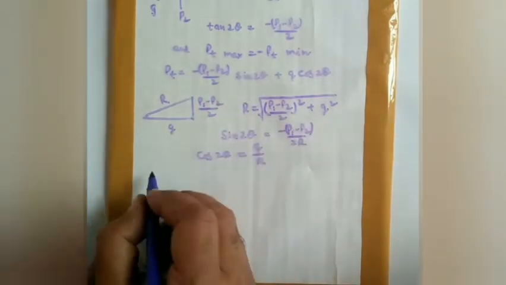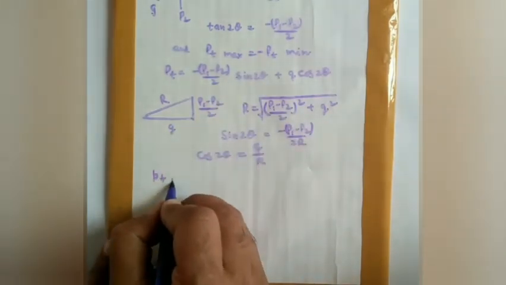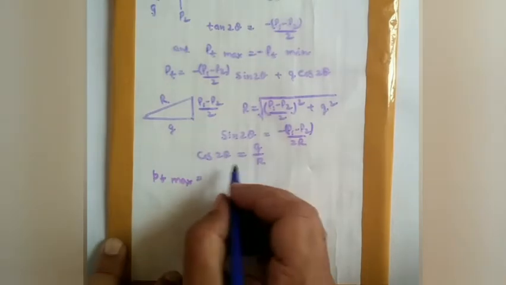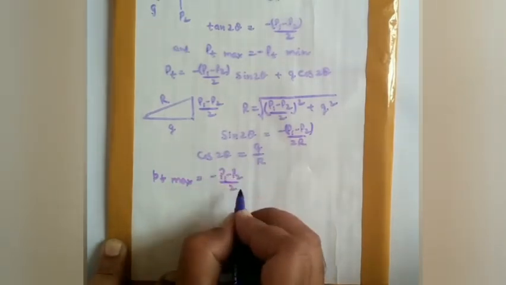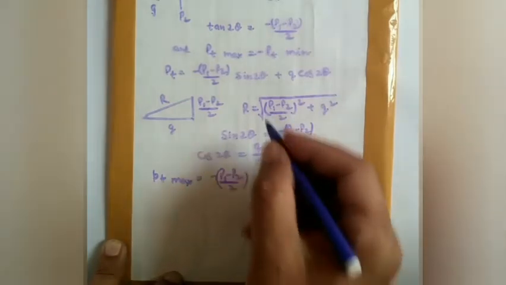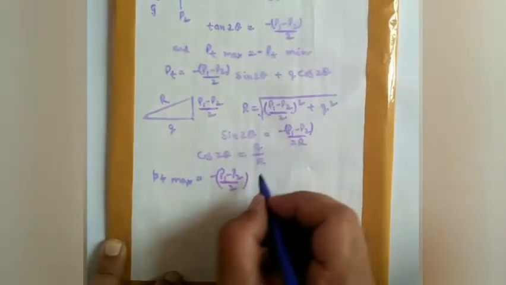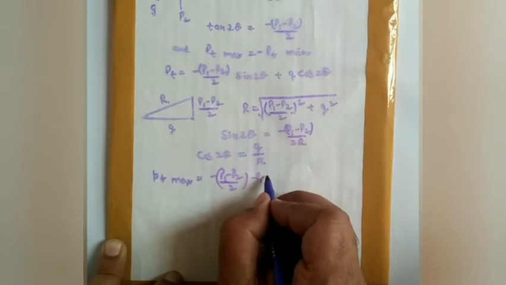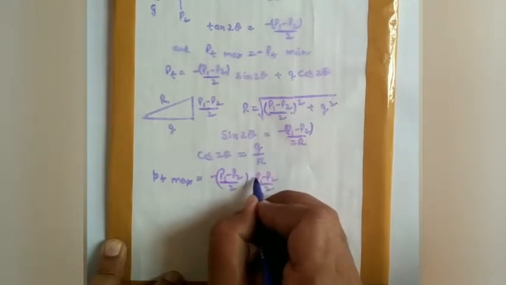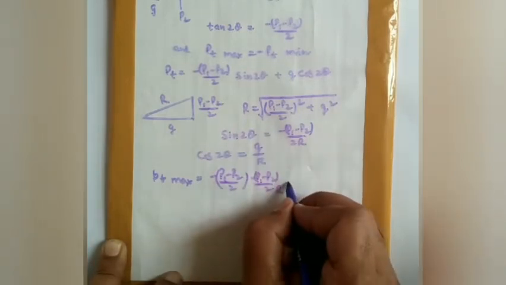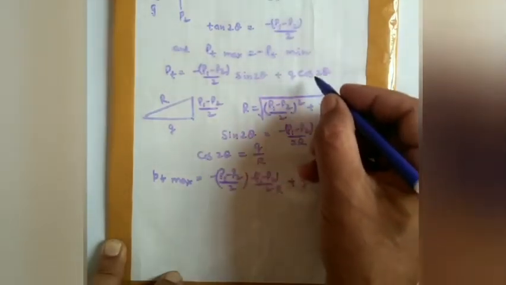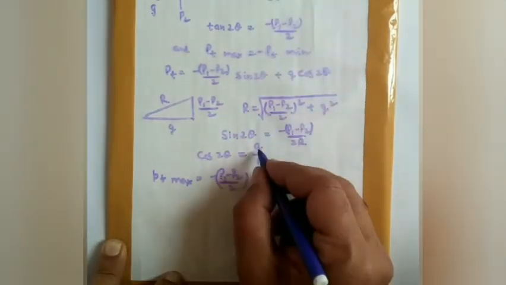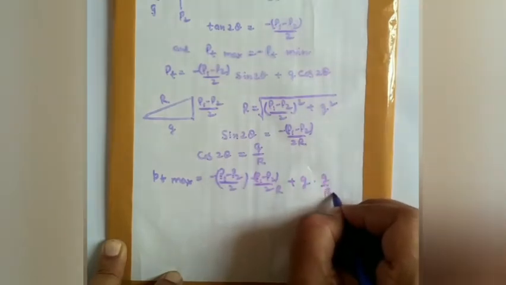So we get Pt max is equal to minus (p1 minus p2) by 2. In place of sine 2 theta we write minus (p1 minus p2) by 2r, plus q cos 2 theta, and in place of cos 2 theta we write q by r.